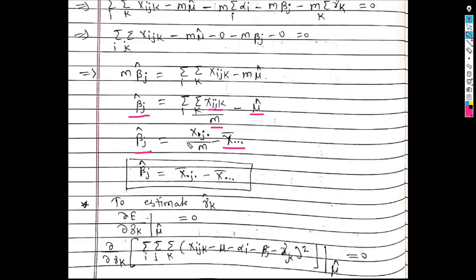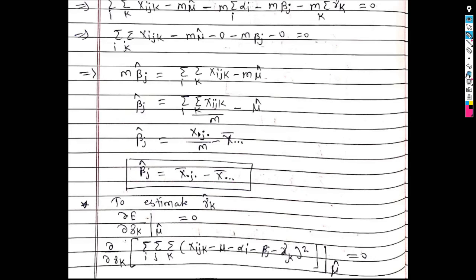This term is nothing but the jth column mean. So in this way we get the estimate for the jth column effect. It is denoted by beta j hat, and it is nothing but x̄ dot j dot minus the grand mean, that is, the jth column mean minus the grand mean.